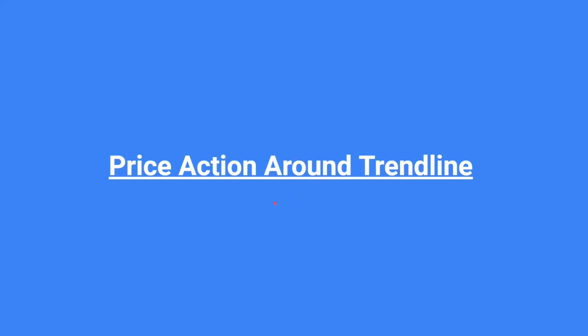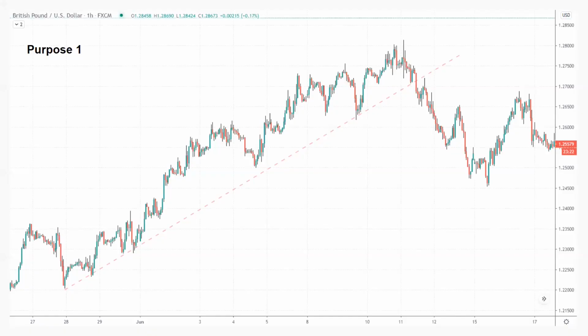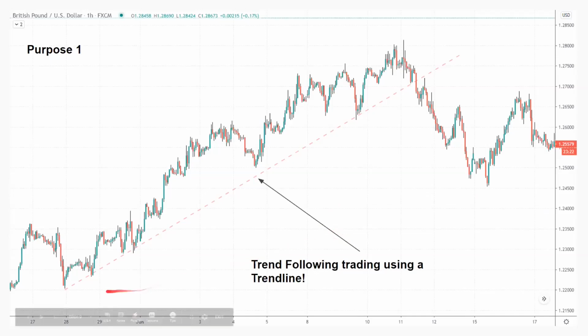The second thing you must know is the price action around a trend line. We can make use of a trend line to identify how to enter the market using price action. Purpose one, of course, is that you can use the trend line as a trend following trade tool. For a trend line to be valid, it should have at least more than 2 touch points.